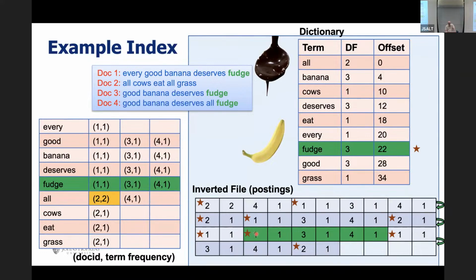So we see here that document 1 has 1 occurrence, document 3 has 1 occurrence, and document 4 has 1 occurrence. Okay, so this is how we find that document when we know what words we're looking for in the document.